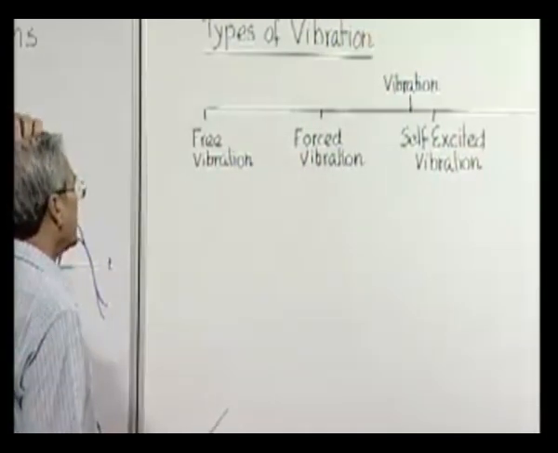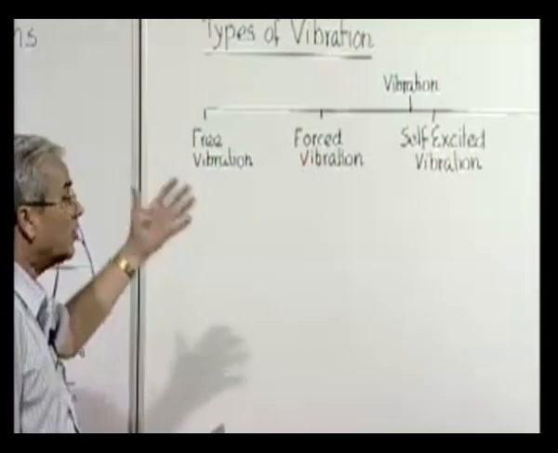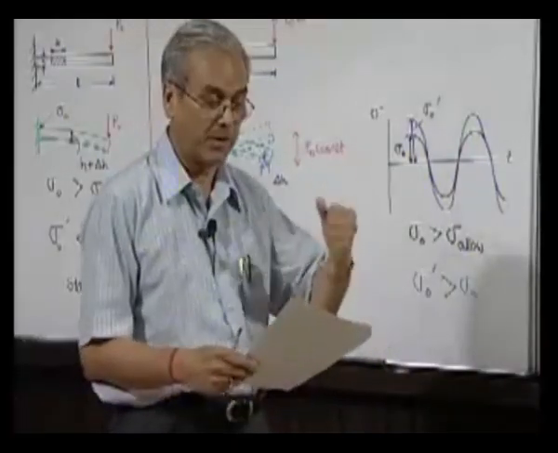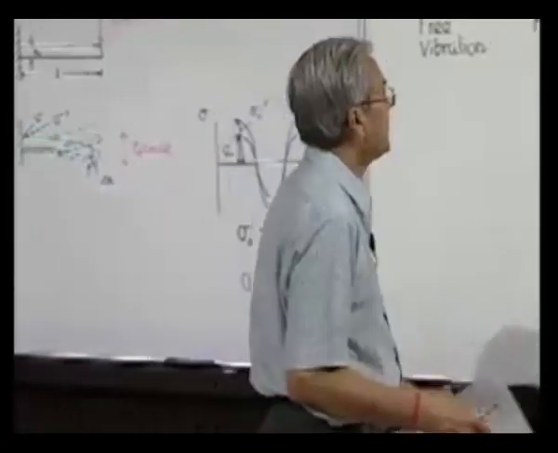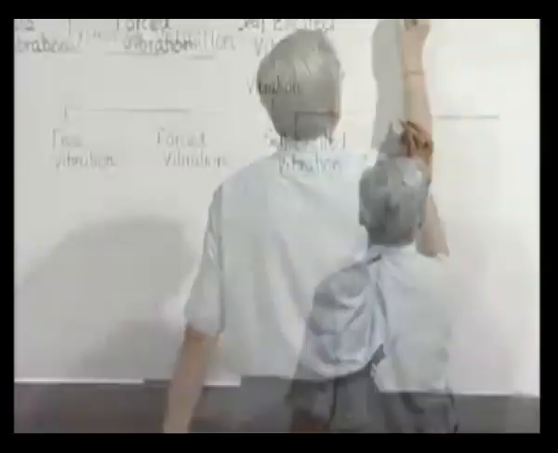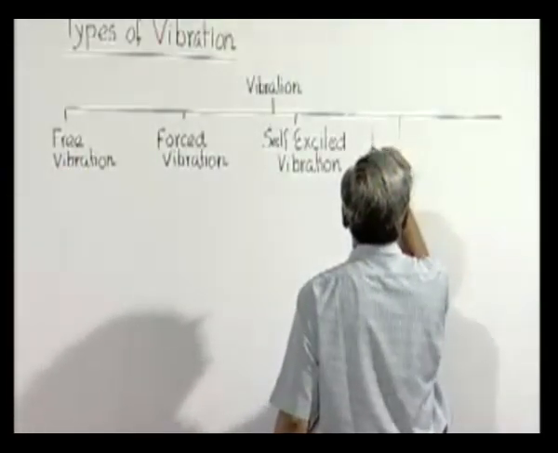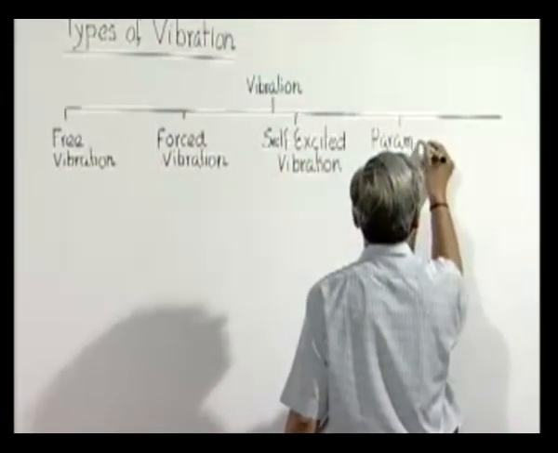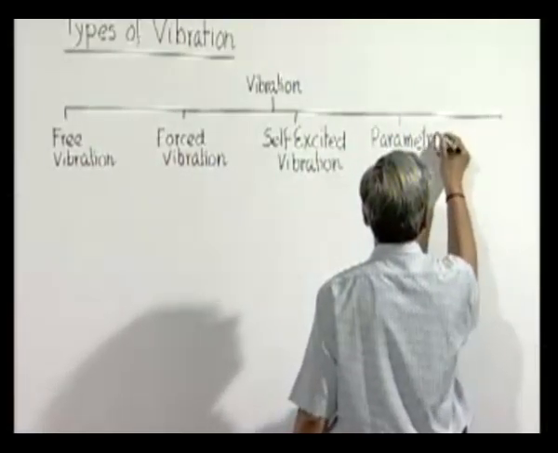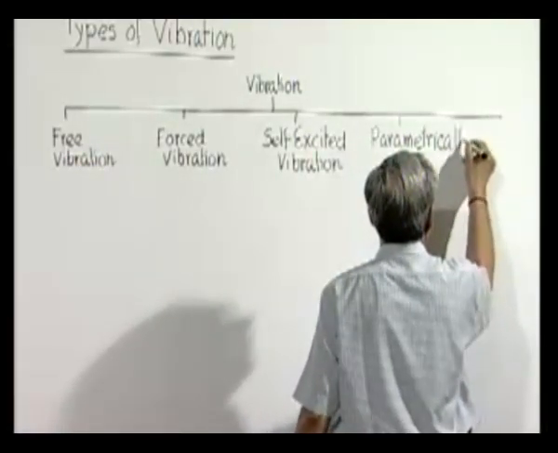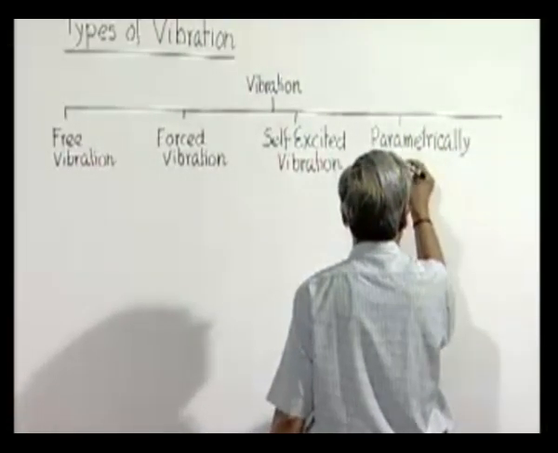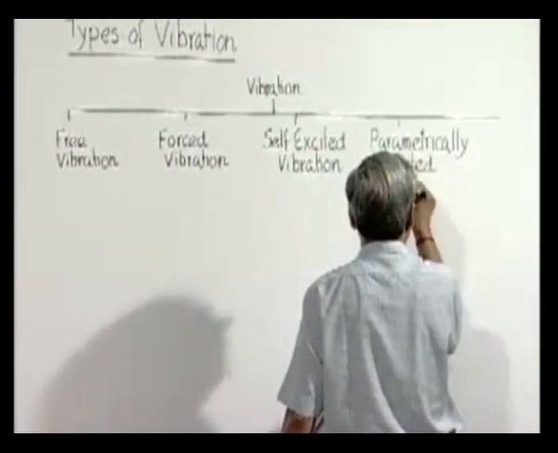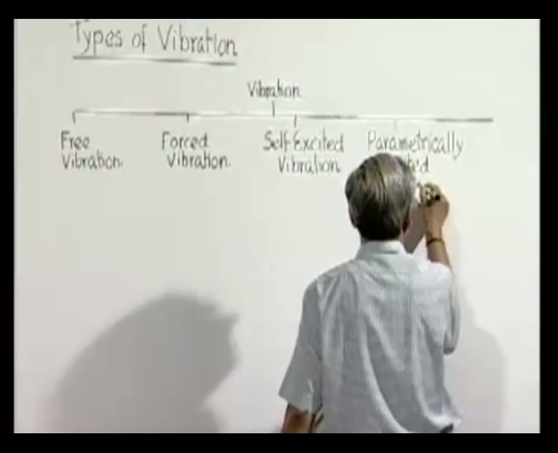So all these are examples of vibrations due to an external source of energy, but without the need of a dynamic vibrating force. There is another special case of vibration, somewhat similar to self-excited vibration.